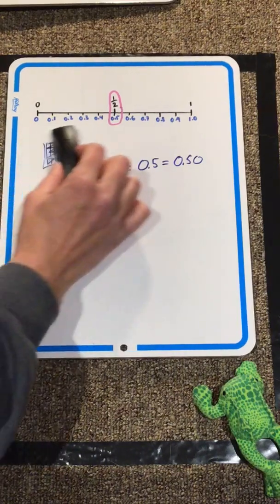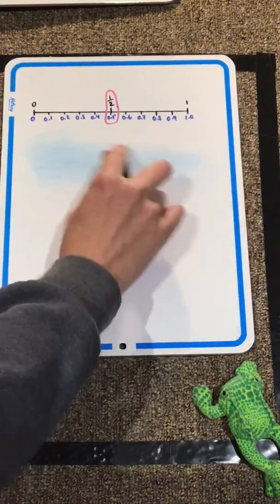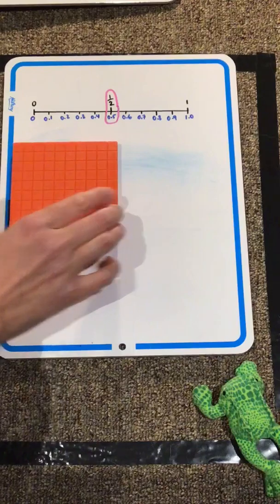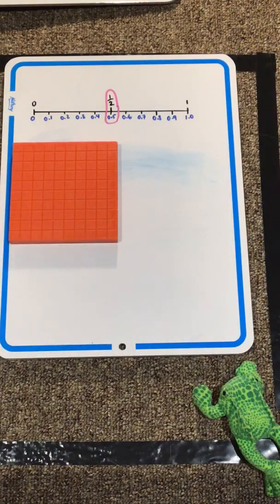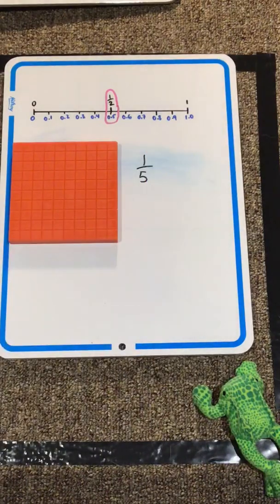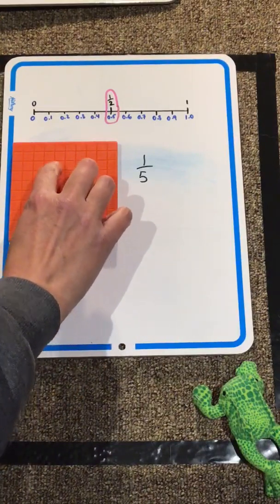Okay, so one way is to think about our cakes when we are turning numbers into decimals. So what if we have, let's use an actual cake instead of drawing. Okay, we've got our actual cake here, and we have been asked to find 1/5 of our cake. Okay, so I know 1, 2, 3, 4, 5, 6, 7, 8, 9, 10.